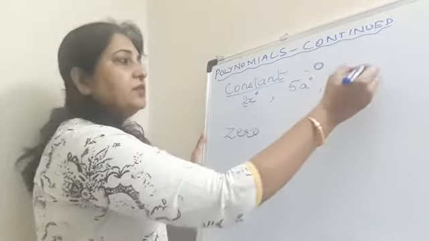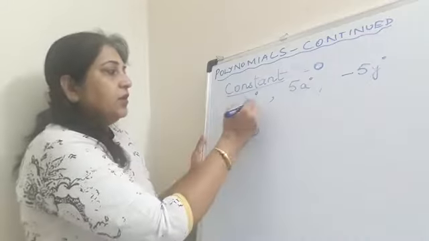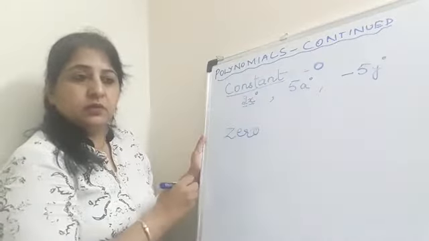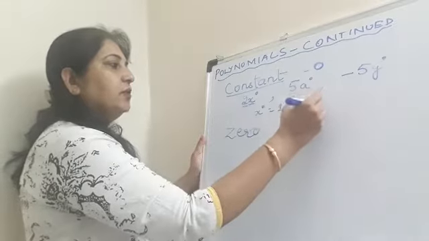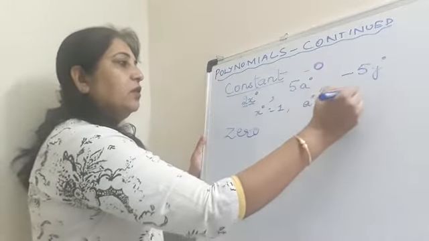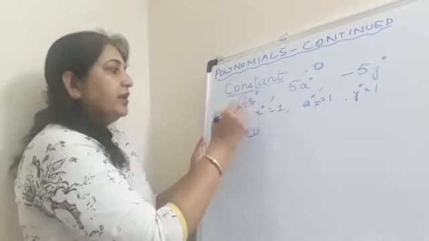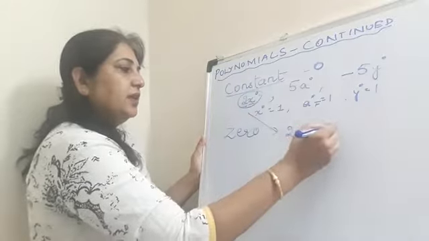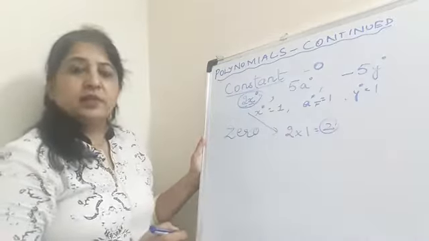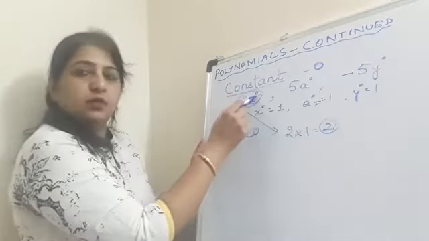I can write minus 5 as minus 5y raised to the power of 0, because you all know that according to the law of exponents, x to the power of 0 is 1, or a to the power of 0 is equal to 1, or y to the power of 0 is equal to 1. Therefore, if you expand this, you will write 2 into 1, you will get the answer 2. So it is said that the degree of the constant polynomial is 0.